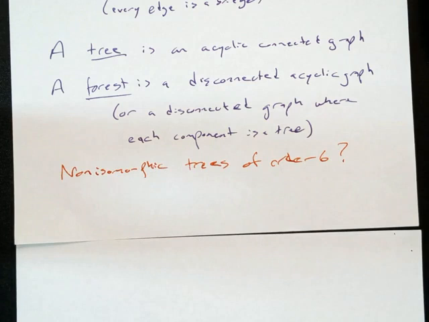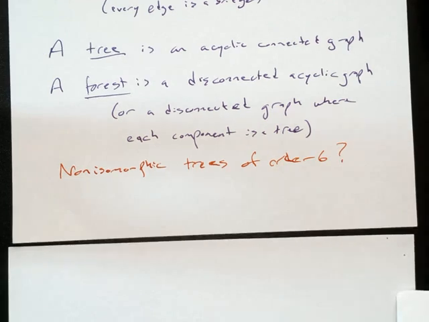Well, let's think about what could happen. If I want to build a tree of order 6, what's the maximum degree I could have?